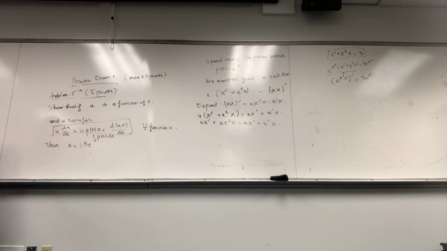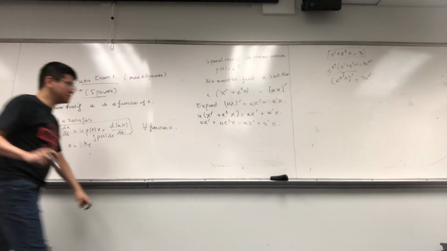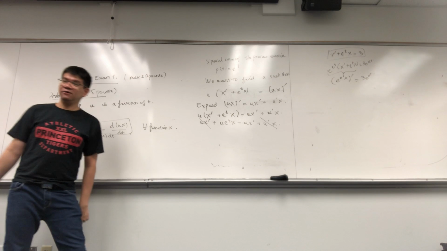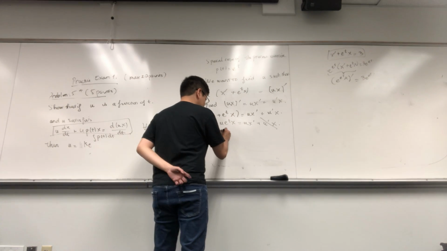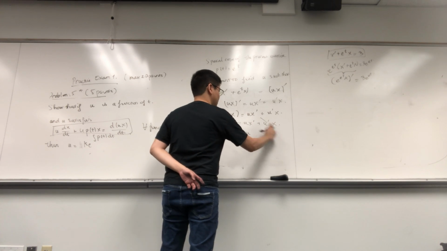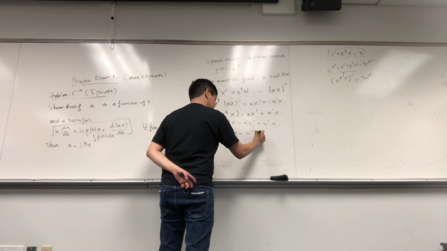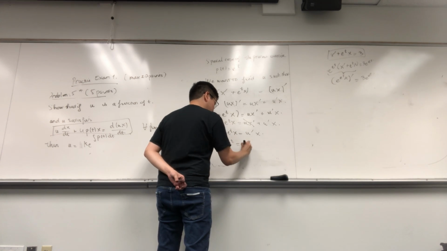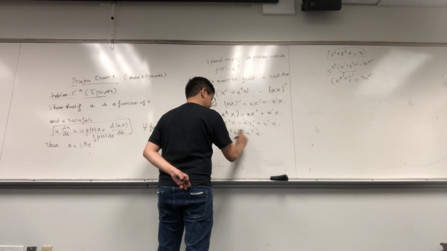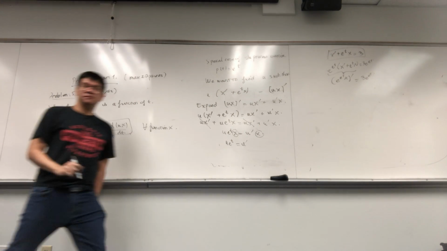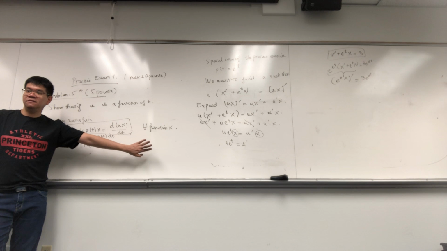Yes? u prime should be equal to u e to the t. Yes. So I'm going to eliminate this term, because that's the same. I have u e to the t x, and this term, u prime x, which means that u e to the t has to be u prime.